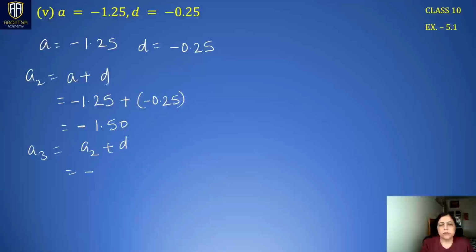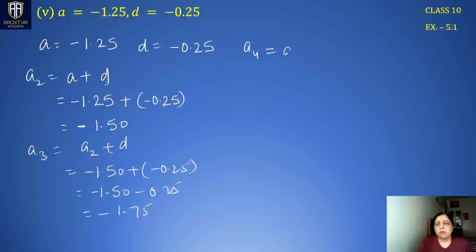A2 here is -1.50 and add -0.25. So both are negative, we simply add them. So this becomes -1.75. A4 becomes A3 plus D. A3 is -1.75 and D is -0.25.